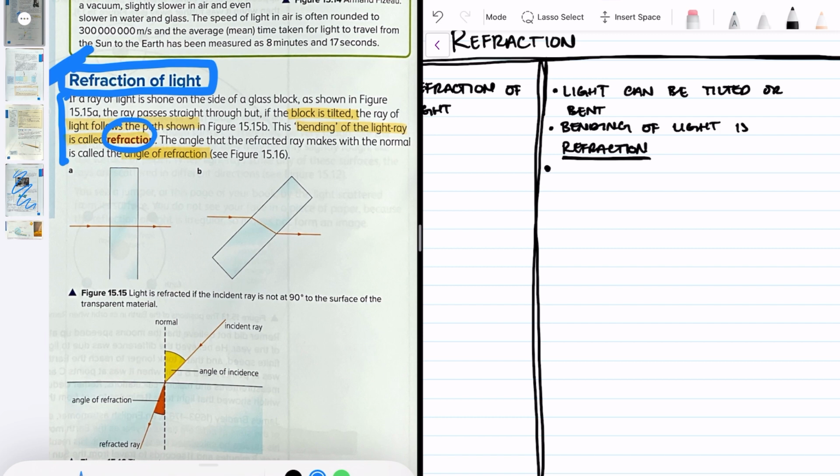I'm just going to start by writing the angle between the normal and refracted ray is the angle of refraction.